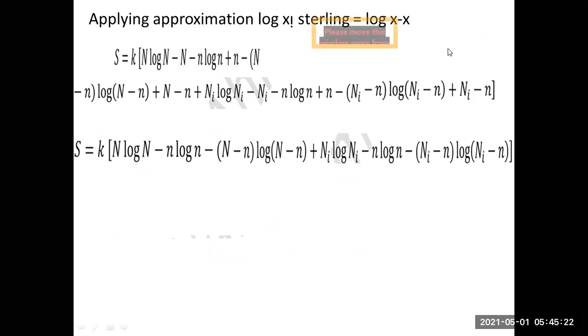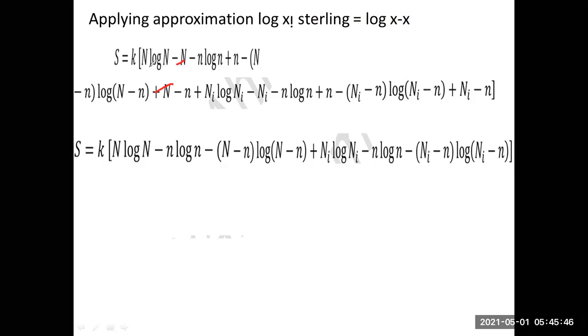So this should go, minus n. I will just tell you, this gets cancelled, right? See, this plus n, and here there will be minus n. This minus n plus n will get cancelled.